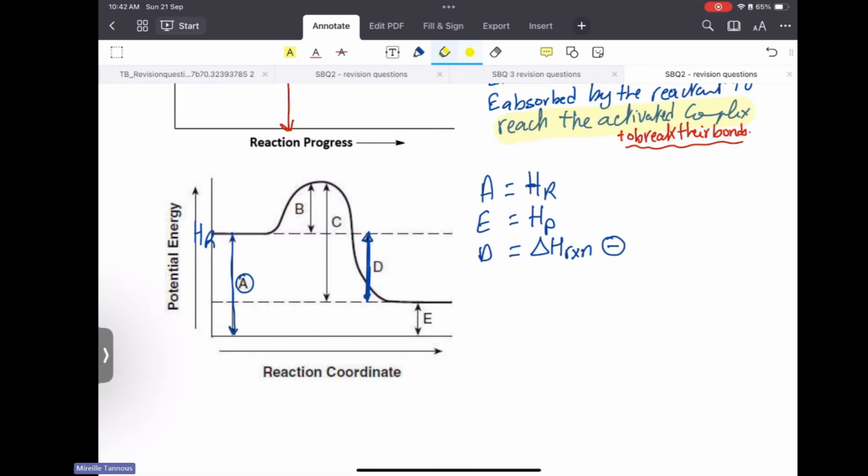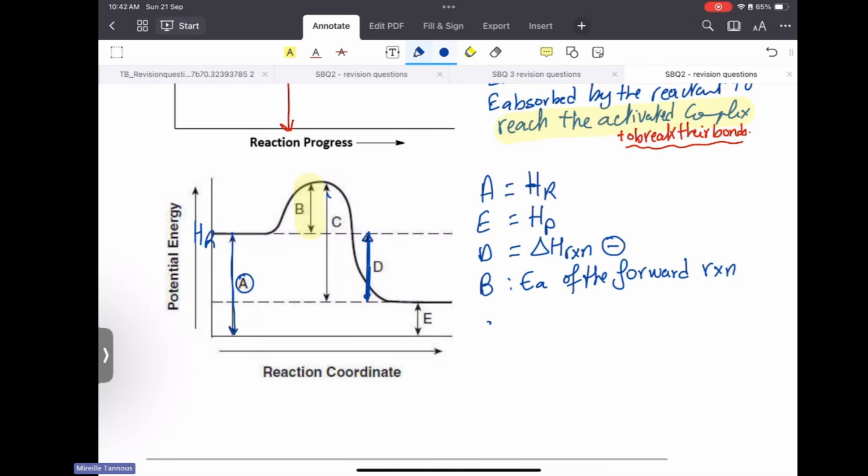Now, B is what? B is the activation energy of the forward reaction, or if you want, the energy absorbed by reactants to break their bonds. And C is the energy released to form the new bonds.